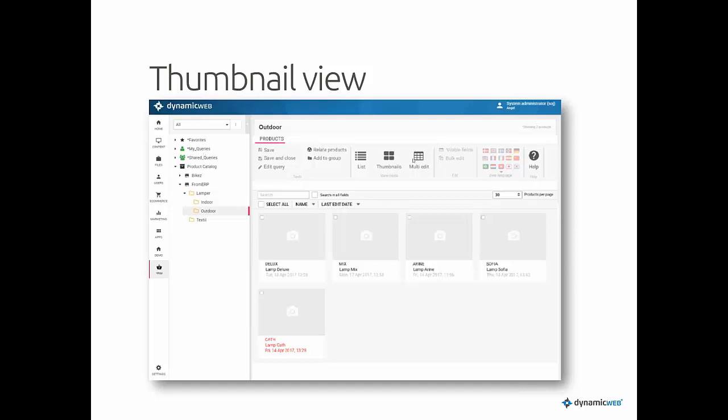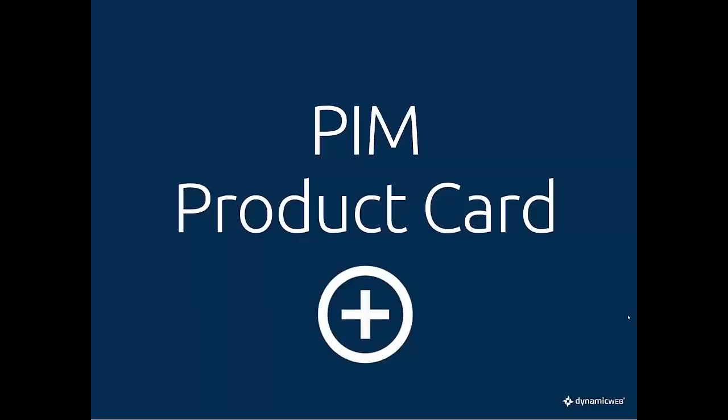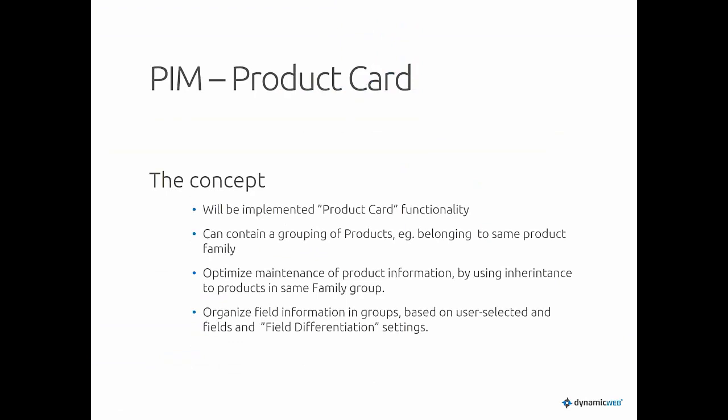These are the multi-edit views. If we go in and take a look at the new PIM product card, which is where we edit all the product details, there's a lot of changes, especially in here. And this is how we work with the actual product data. So we implement this new product card functionality, which is a brand new editing of the product itself.